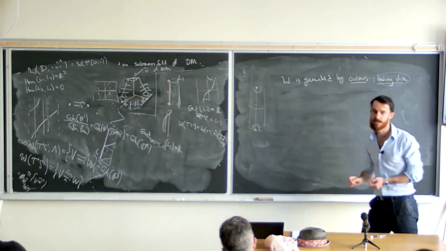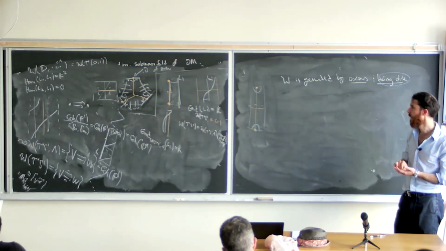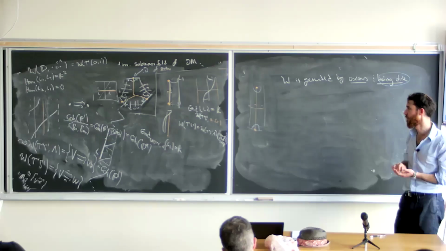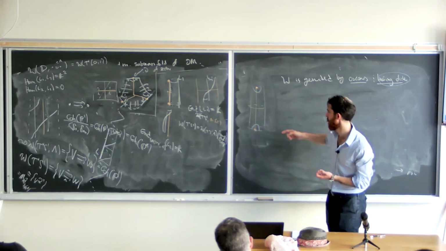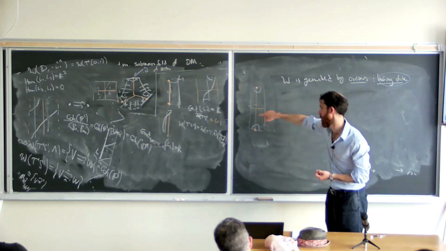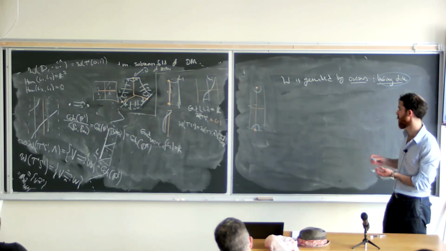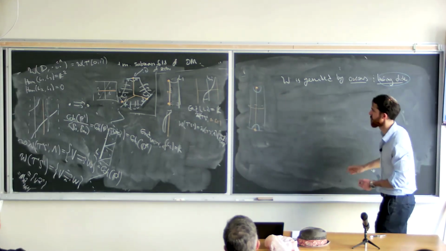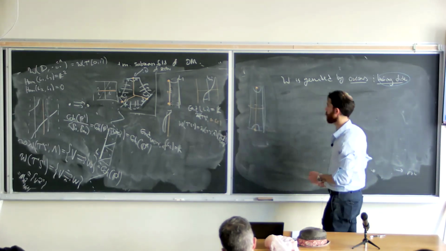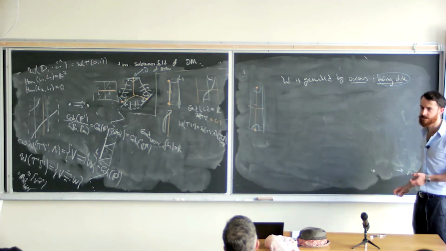Those are the linking disks. And a co-core you should imagine is also just a linking disk, except it's linking the compact part of the skeleton instead of the non-compact part. So a co-core for a manifold is just going to be a cotangent fiber like this.